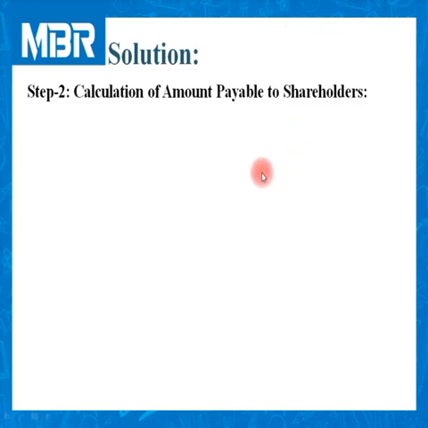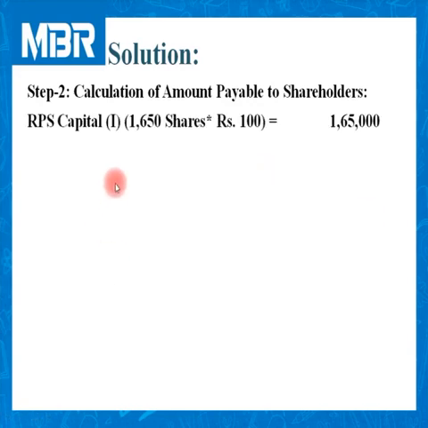It is already mentioned in additional information. Let us calculate RPS capital 1, 1,650 shares and face value is rupees 100. So total amount 1,65,000.